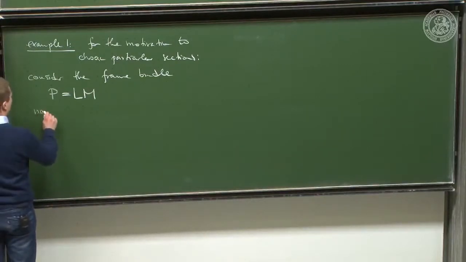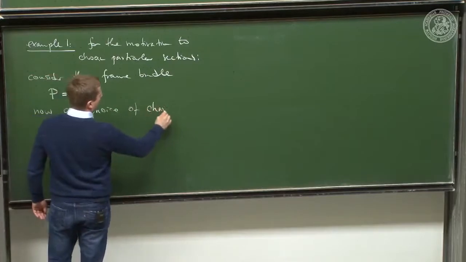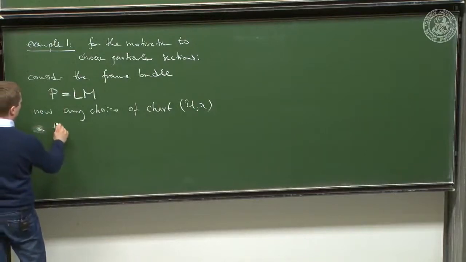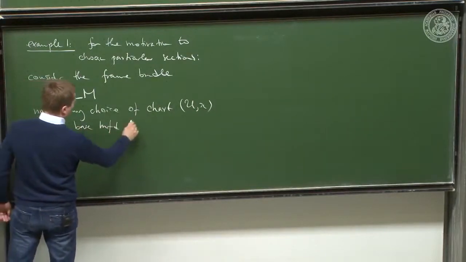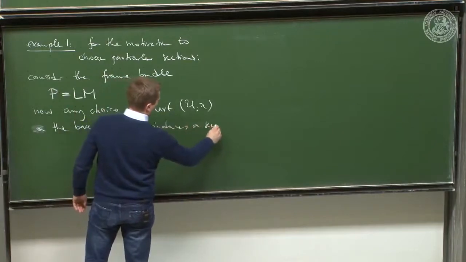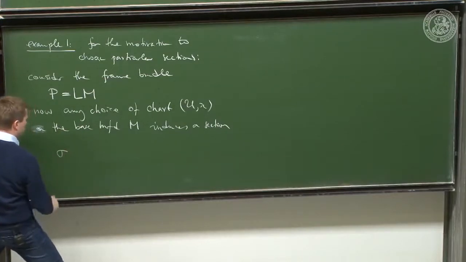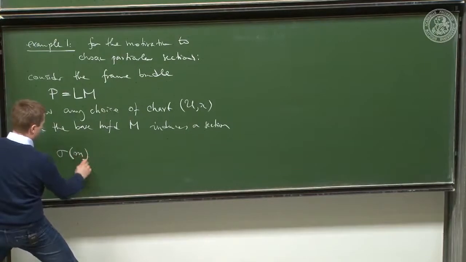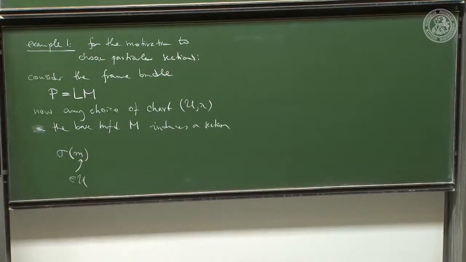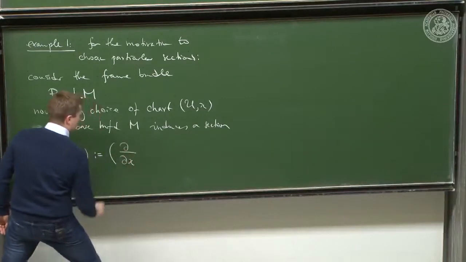And now any choice of a coordinate chart, U, x, on the base manifold M induces a particular section on the frame bundle, namely given by sigma of, at a point M, where this M is from the local chart domain, and you simply choose the frame that is provided by this choice of coordinates.